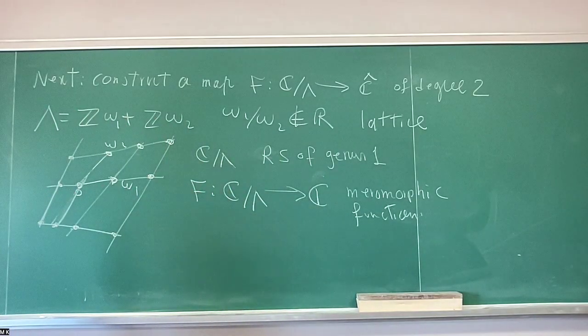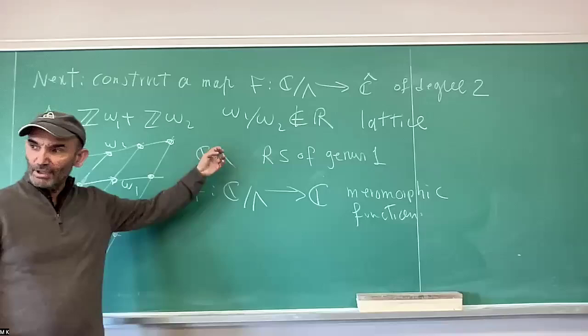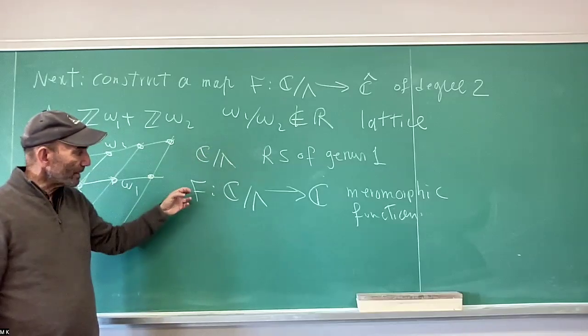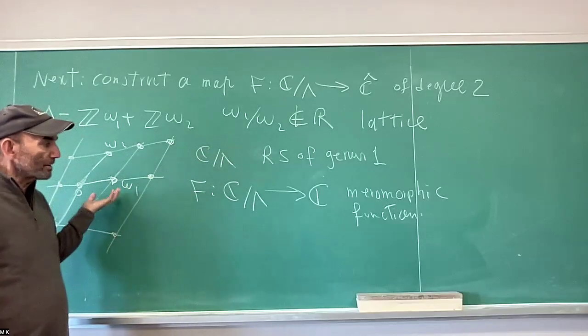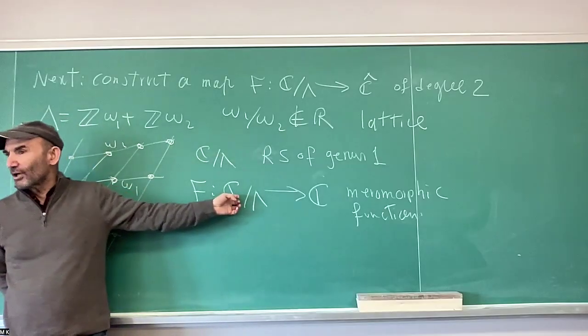So how can we construct a meromorphic function on the torus? Well, to construct a meromorphic function on the quotient space, you have to construct a meromorphic function on C which is doubly periodic.